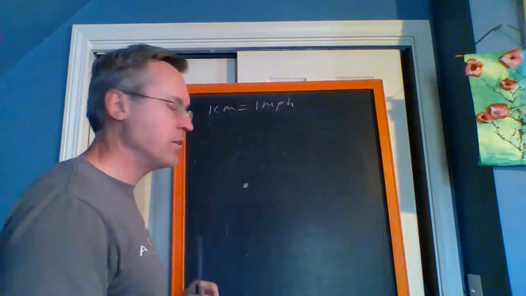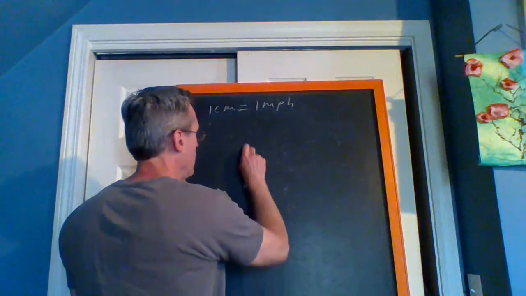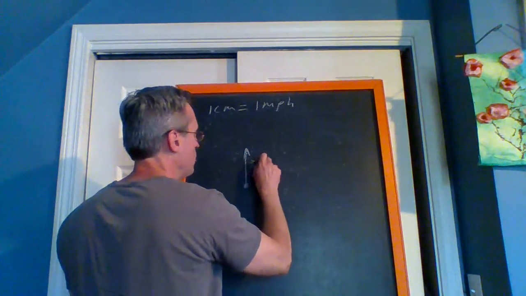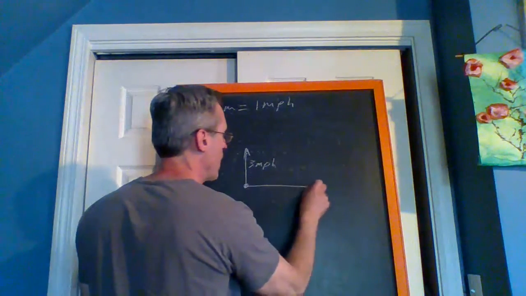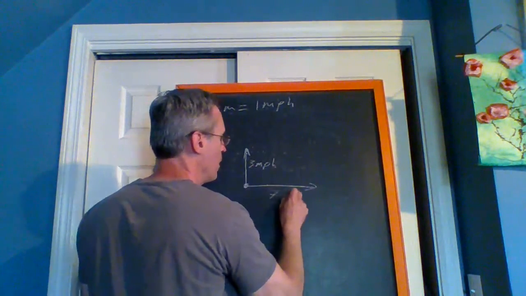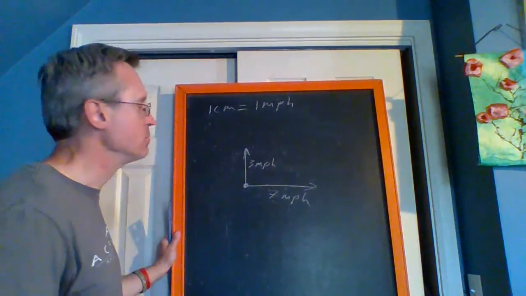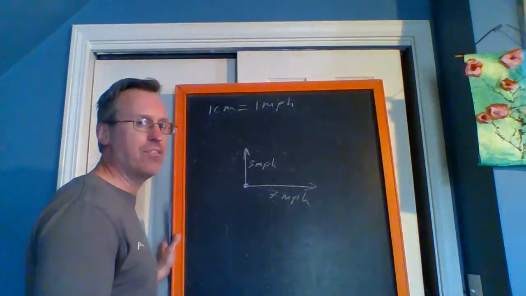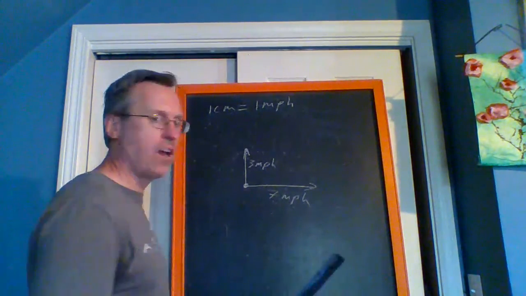Essentially the boat has 2 vectors working on it. It's got a 3 miles per hour speed in that direction, and it's also got a 7 mile per hour speed pushing it in that direction right there. I'm going to show you how to add these 2 vectors, and just so you get some language down, vectors have parts to them.